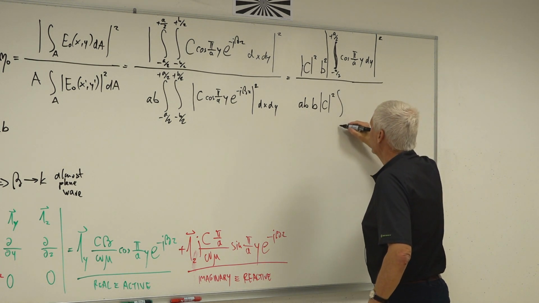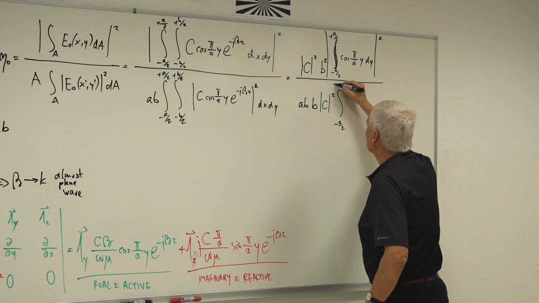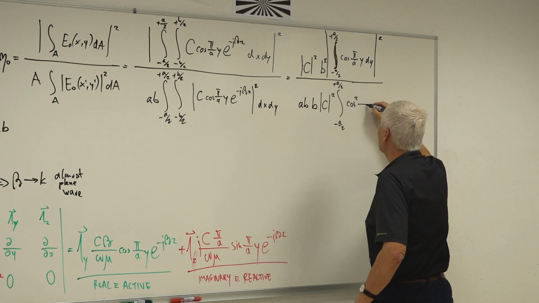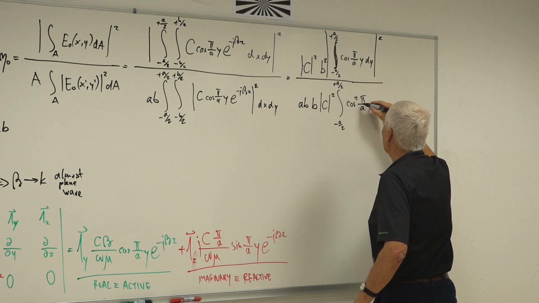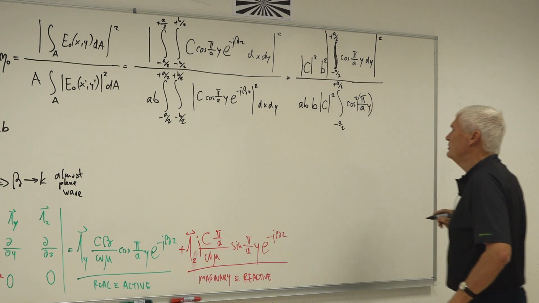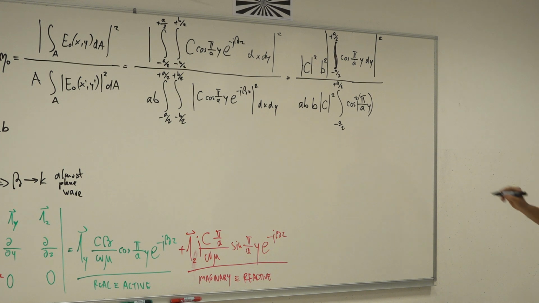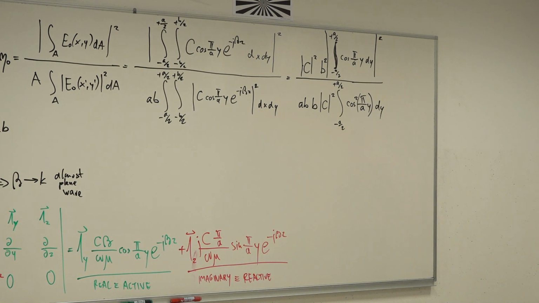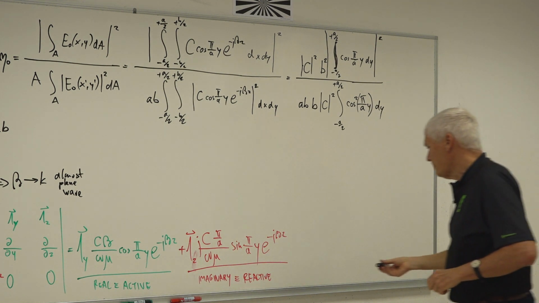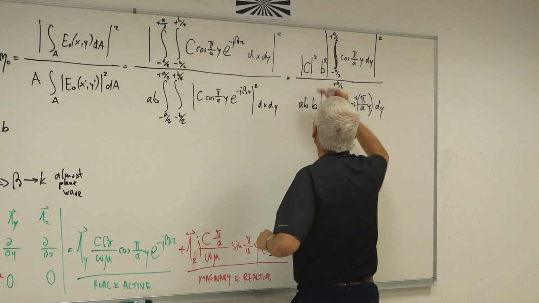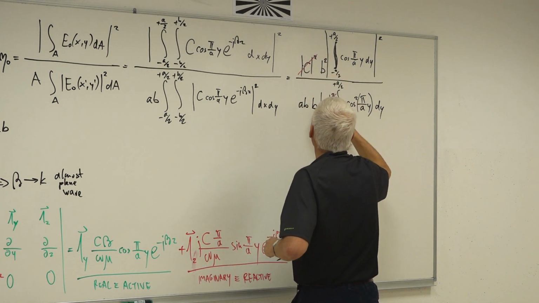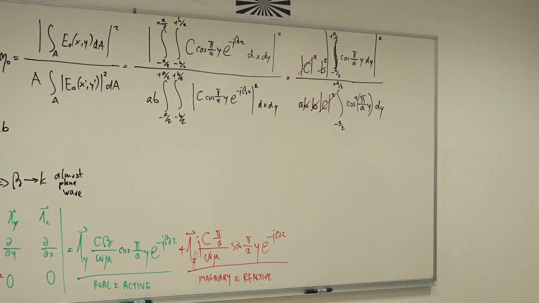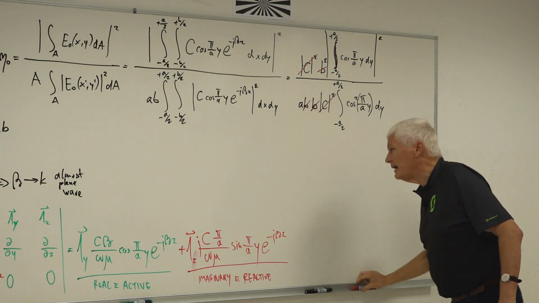So I'm left with the integral from minus a half to plus a half of cosine squared of pi over a y, dy. I would prefer to write parentheses so we know what the cosine works with. Now let's see what happens. c squared cancels out. Also b squared cancels out, b and b cancel out. So this already simplifies things.